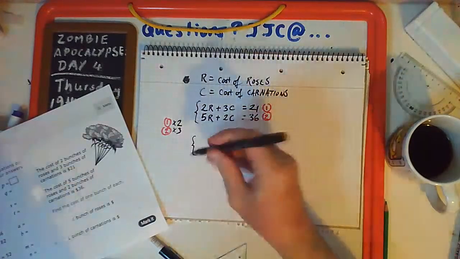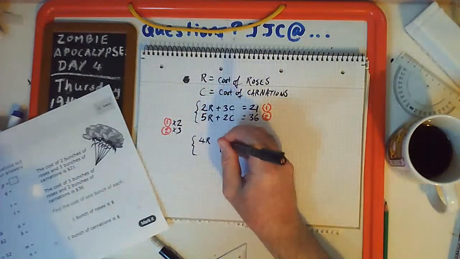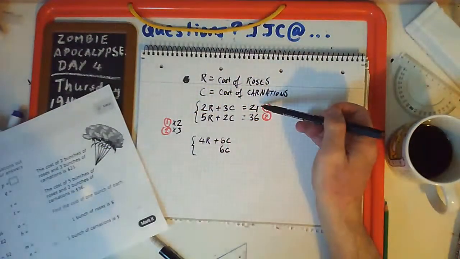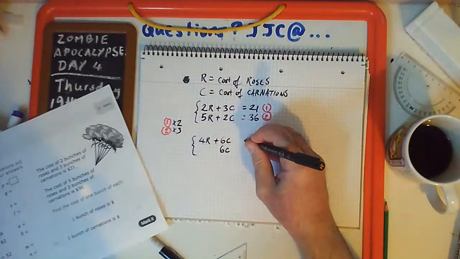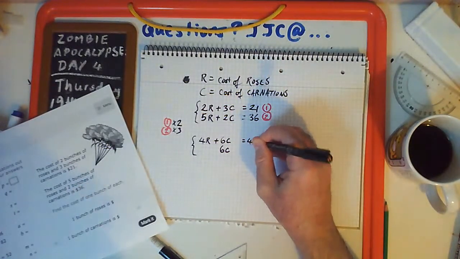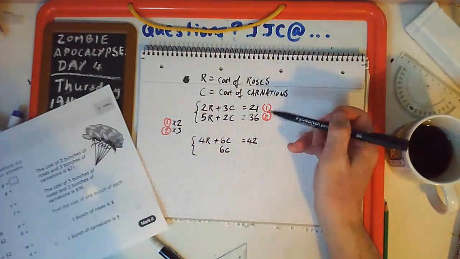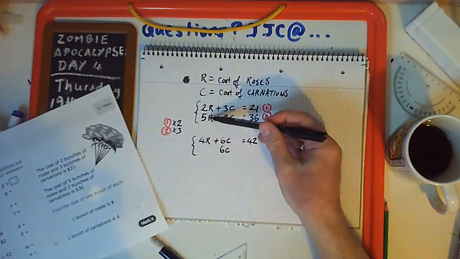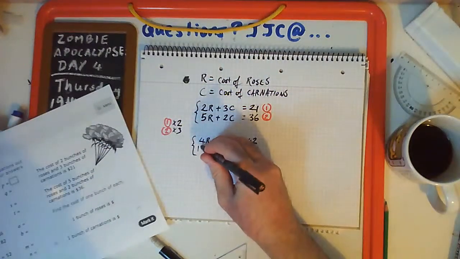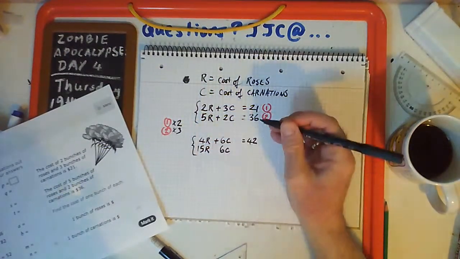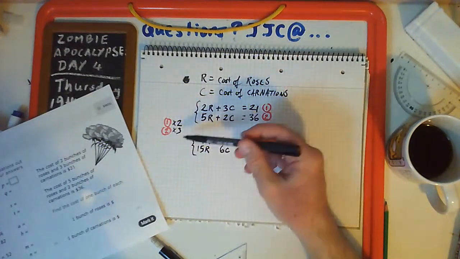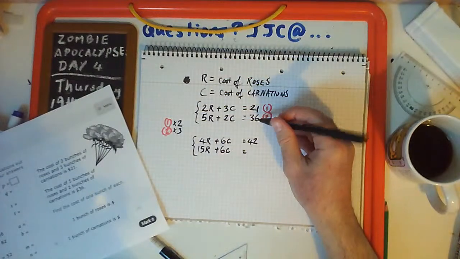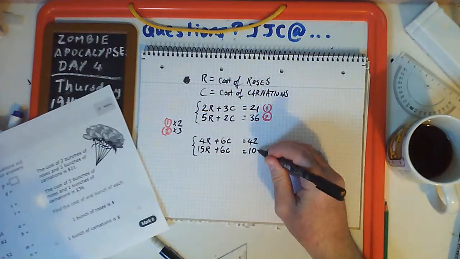So everything in equation 1 multiplied by 2: 2R times 2 gives me 4R, 3C times 2 gives me 6C, 21 times 2 gives me 42. Then multiplying everything in equation 2 by 3: 5R times 3 gives me 15R, 2C times 3 gives me 6C, and 36 times 3 gives me 108.